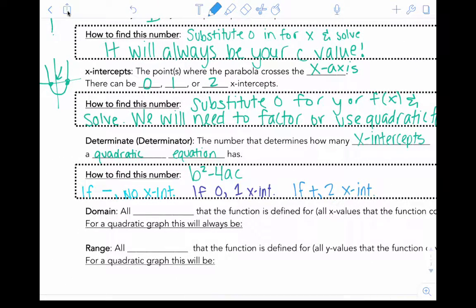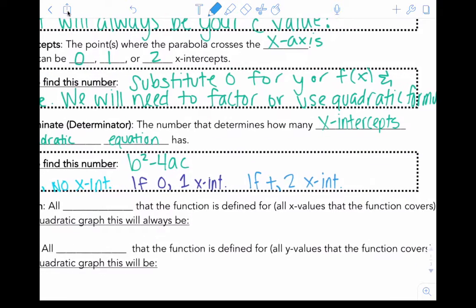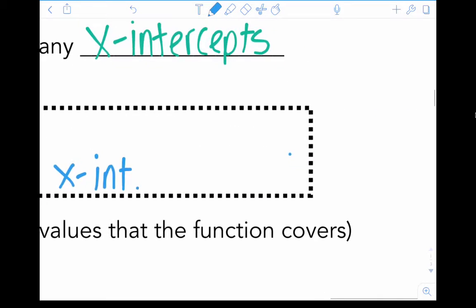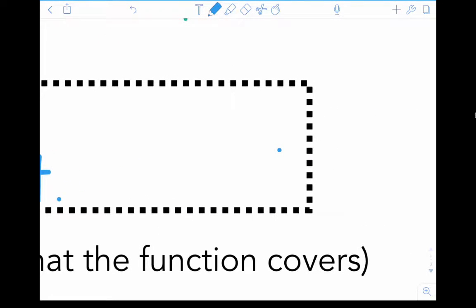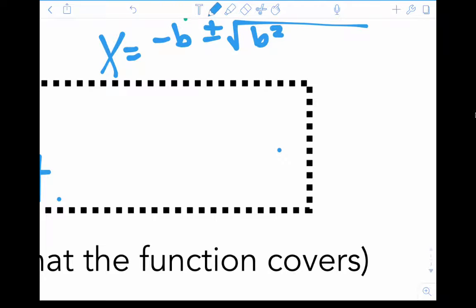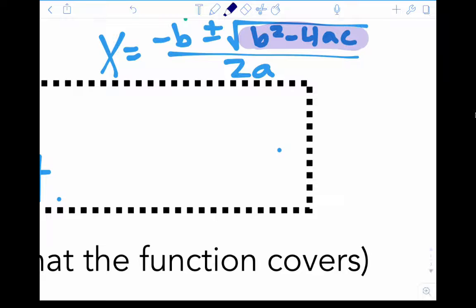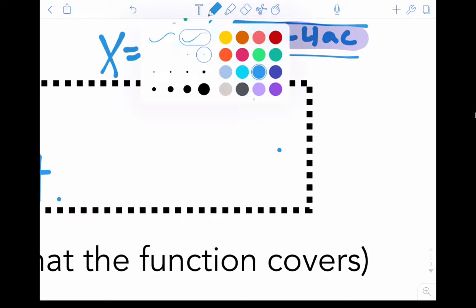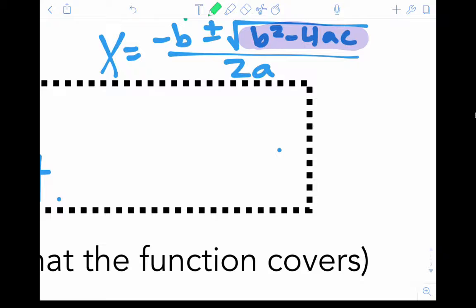So why is this? Well, a lot of us discovered that b squared minus 4ac actually comes from the quadratic formula. So I'm just going to go into some space over here and think about my quadratic formula. If I have x equals negative b plus or minus the square root of b squared minus 4ac all over 2a, and we're focusing on the b squared minus 4ac part, let's think about all of our options.